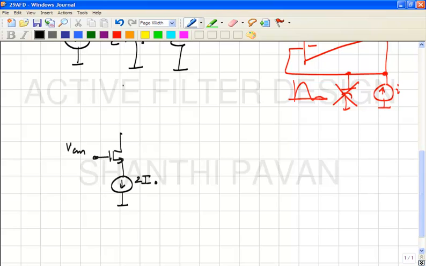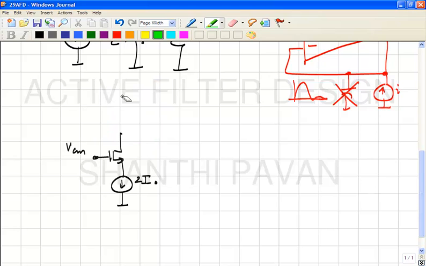What is there in the load? What is there here? We just discussed that looking up, that whole common mode feedback loop basically looks like an inductance.